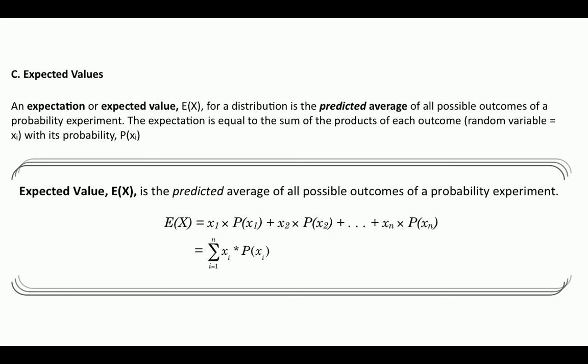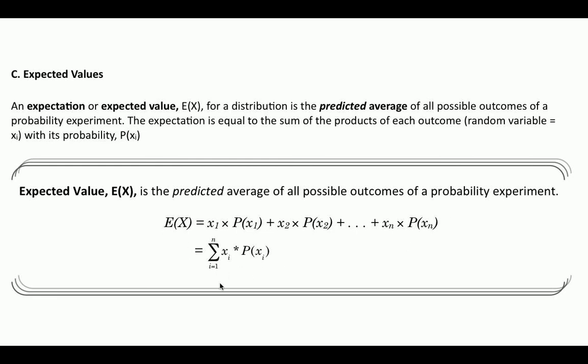In general, for a distribution, the expected value is the predicted average of all the possible outcomes in a probability experiment. It's equal to the sum of the products of each outcome with its probability. So here's a definition: the predicted average is the value x1 times its probability, plus the value x2 times its probability, all the way down to the value xn times its probability.